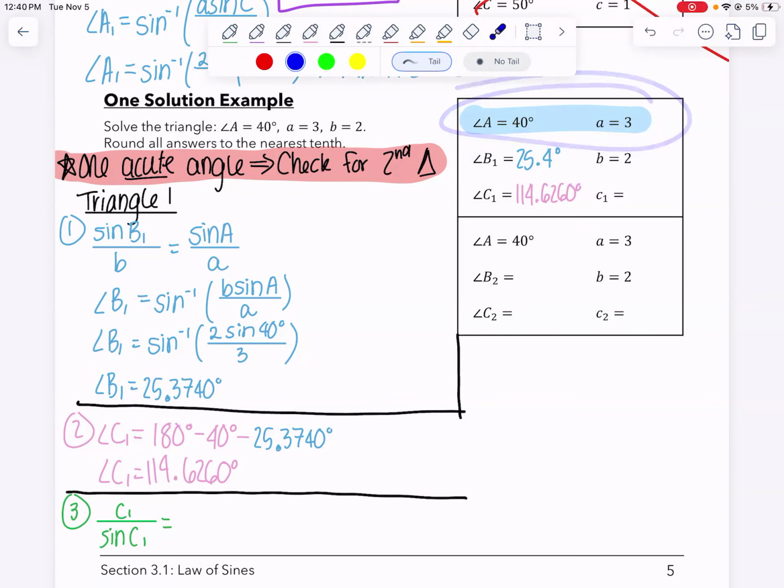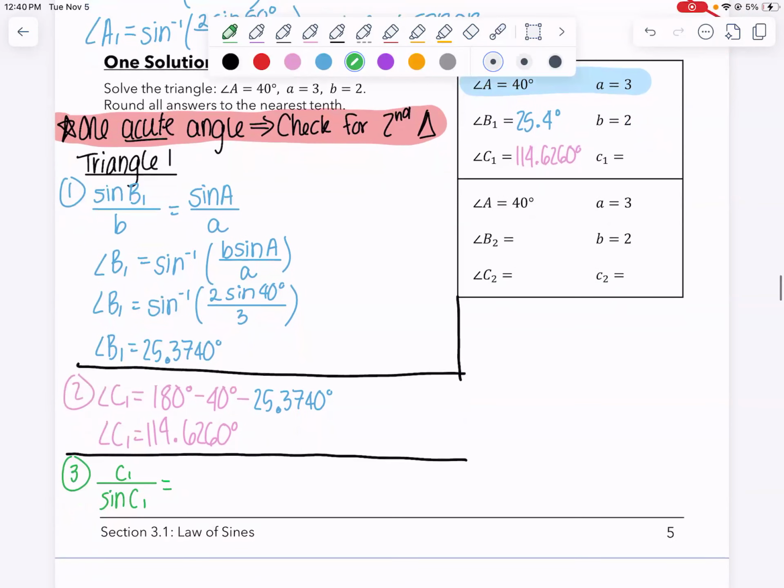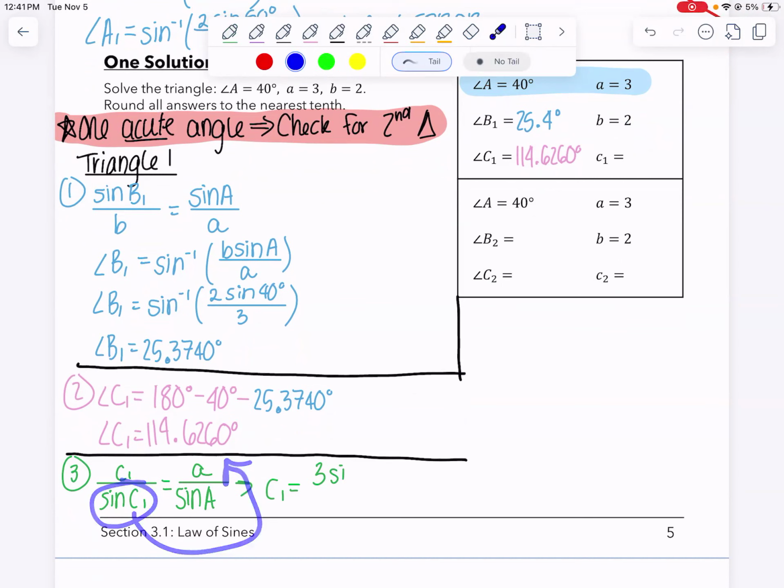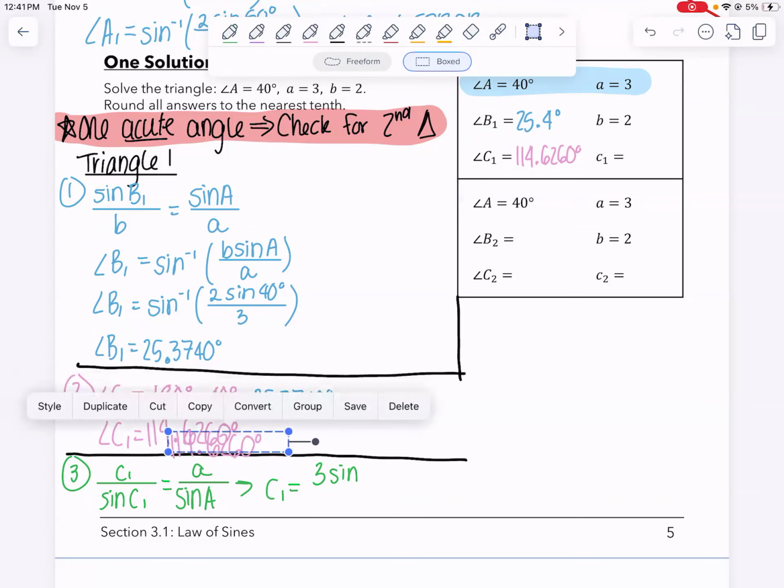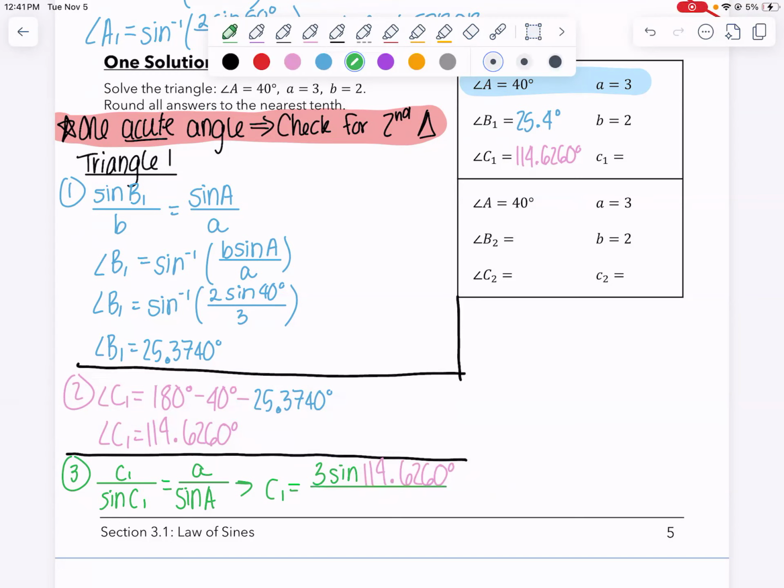I'm going to use A. Just use what you're given. When at all possible, use what you're given. So we'll use A divided by sine A. If you rearrange this, A will turn into 3, multiplied by sine of angle C1, divided by sine of angle A, which is 40 degrees.